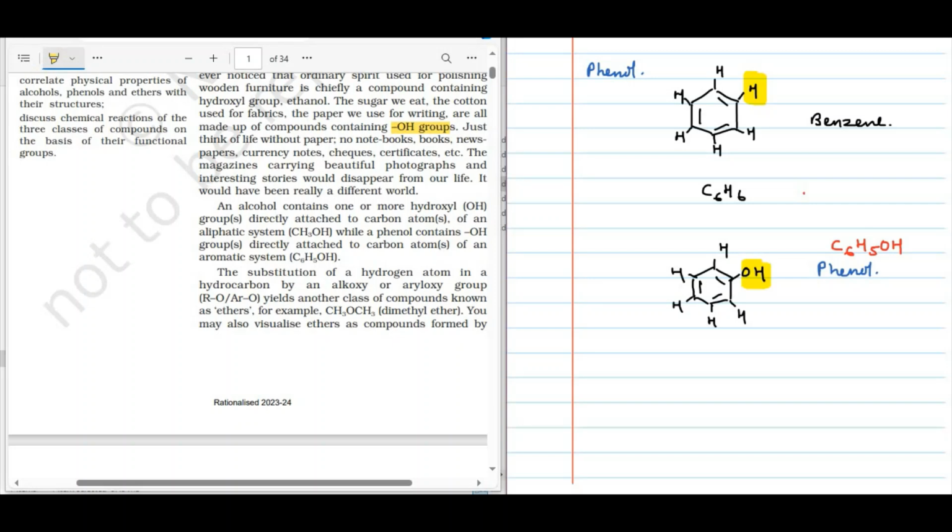The substitution of a hydrogen atom in a hydrocarbon by an alkoxy or aryloxy group yields another class of compounds known as ethers. So here when we substitute a hydrogen atom from a hydrocarbon by an alkoxy or aryloxy group, we will get ethers. So let's draw the structure of one of the ethers.